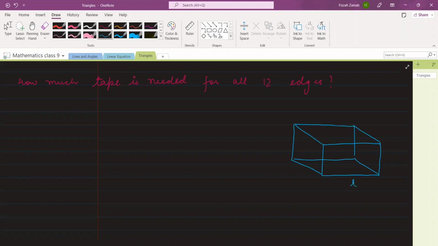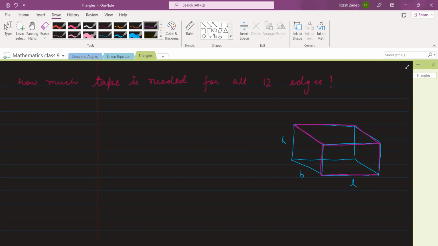And this side is L. This I'm denoting by B, and the height is H. Now they're asking how much tape is required. Tape is applied at the corners, at the edges, when we are joining the two glass panes. Understand? So that means we have to calculate the length of each side. Understand?